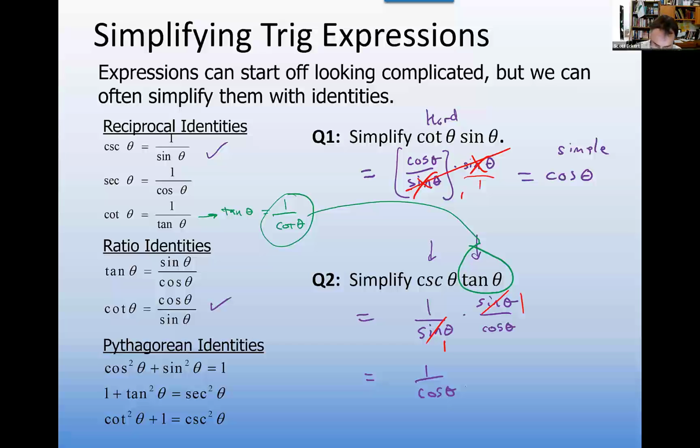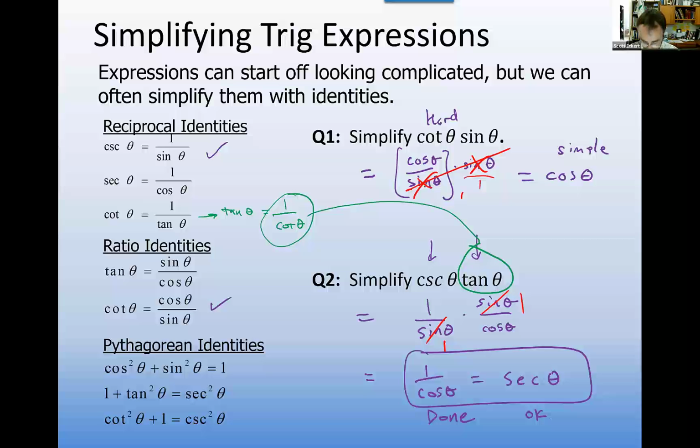Now, for some people, that's good enough, and you're done. But 1 over cosine does become secant theta. So either one of these would be okay. Kind of depends on the context of the problem. But as far as equations go, this one's best for equations.